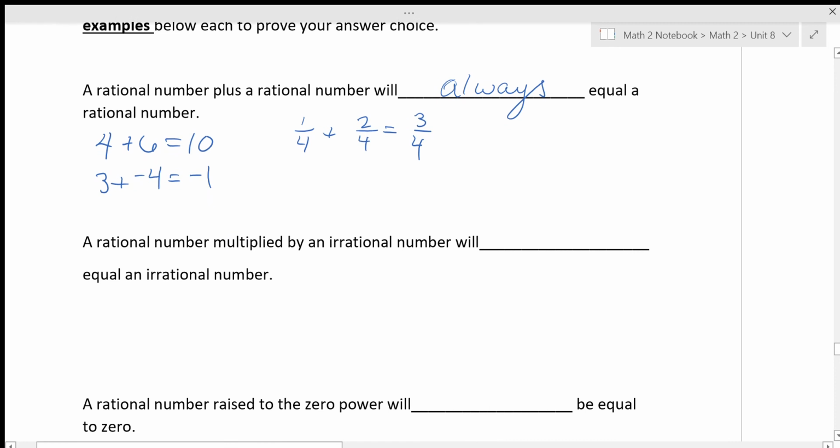A rational number multiplied by an irrational number will blank equal an irrational number. So an irrational number, right, is an imperfect radical. So if we have root 3 times a rational number, say 2, we'll get 2 root 3. That's irrational. Okay, so if we have root 2 times 5, we'll get 5 root 2.